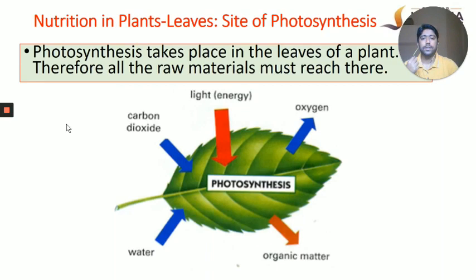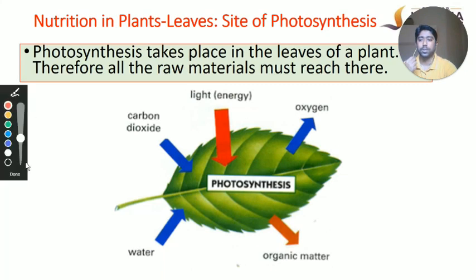Nutrition in plants. The leaves are the site of photosynthesis. That means the place where photosynthesis takes place. So photosynthesis takes place in the leaves of a plant. Therefore, all the raw materials must reach the leaves of plants. You can see in the diagram, there is a leaf, and let me take a pen.